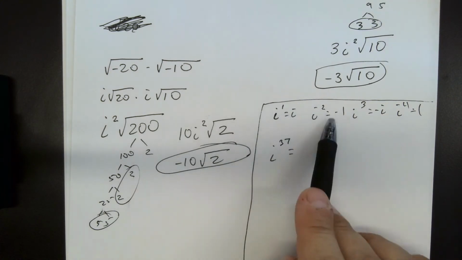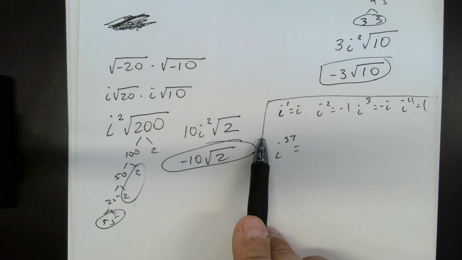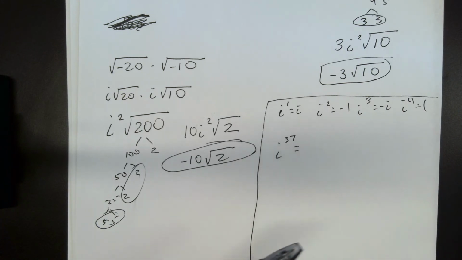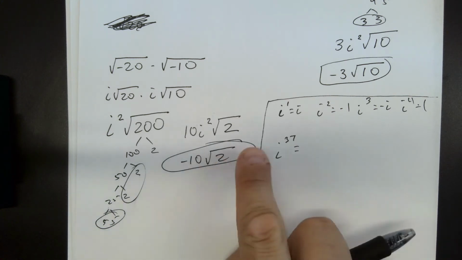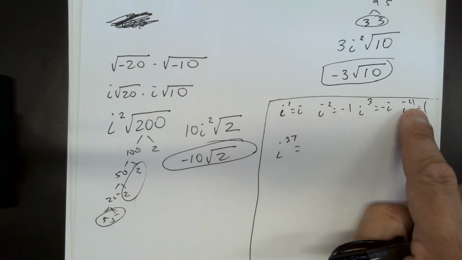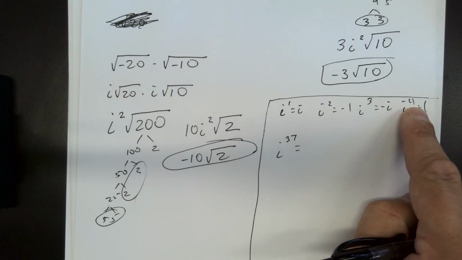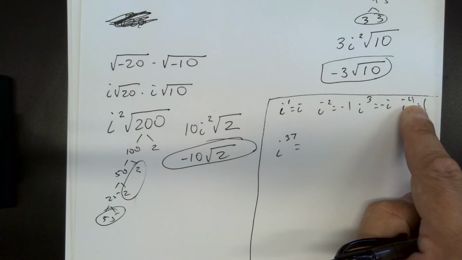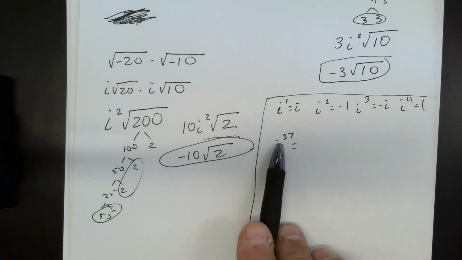If we have I to the 37th, we need to know what that is. Remember what I said, it repeats itself. So how many times does 4 go into 37? It goes in 9 times with a remainder of 1.